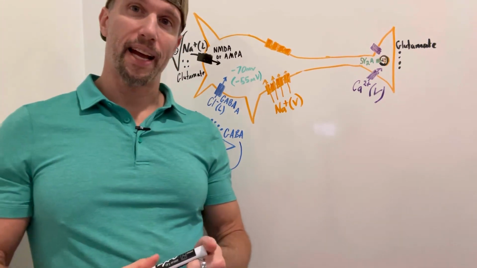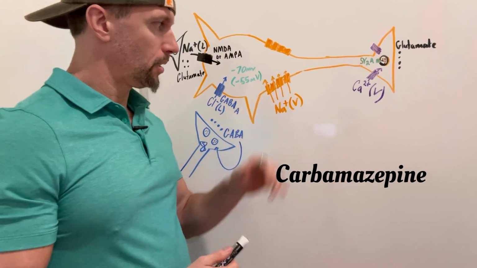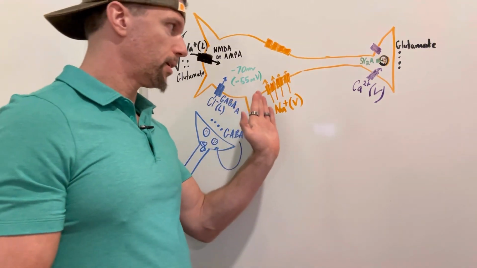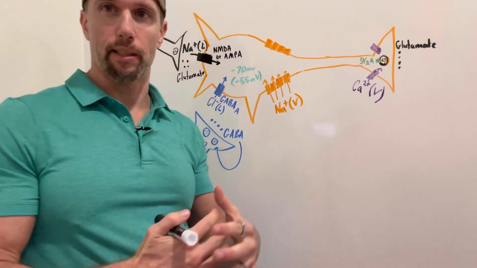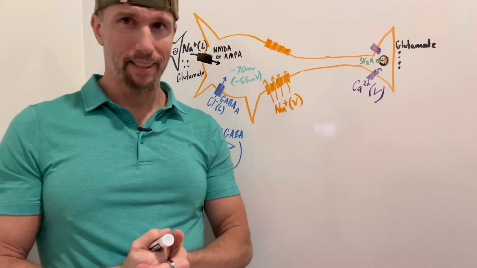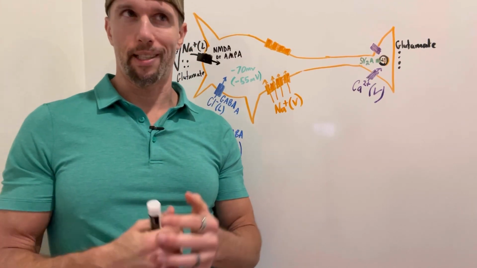The first line drug for that is called carbamazepine. And carbamazepine works by blocking voltage-gated sodium channels. So if sodium's trying to rush in and it can't, you don't get an action potential and the activity decreases. That's going to help with that focal seizure. Let's say that you have an absence seizure. This happens a lot with kids where they just kind of check out.